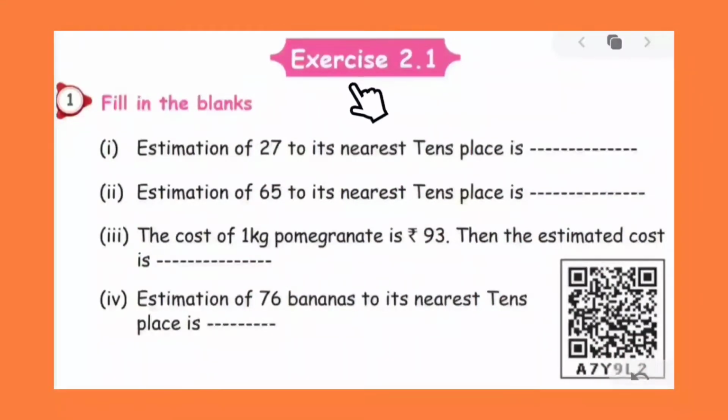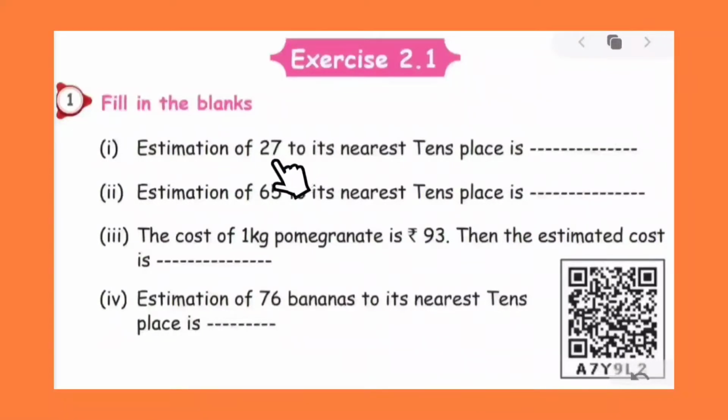Children, see the exercise sum, exercise 2.1. First one, fill in the blanks. Estimation of 27 to its nearest tens place is dash. So we have to find the nearest tens place value. The given number is 27. See the ones place, 7 is here.